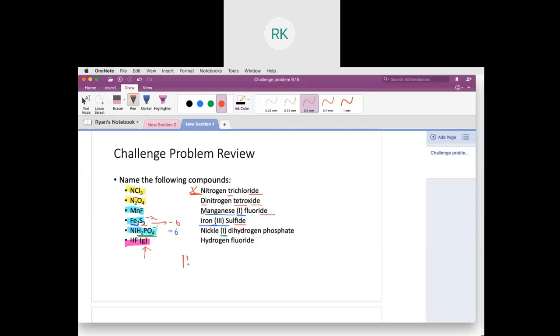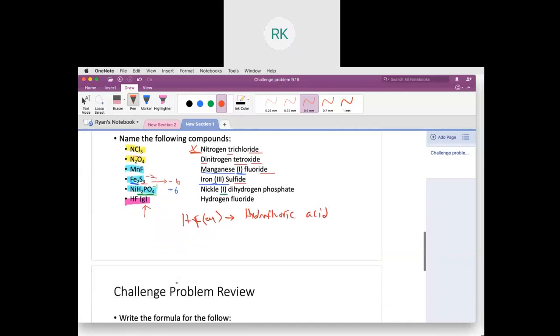Sorry, that should really be a capital F. But if it's HF aqueous, this is hydrofluoric acid. Again, it needs to be aqueous to be the acid.